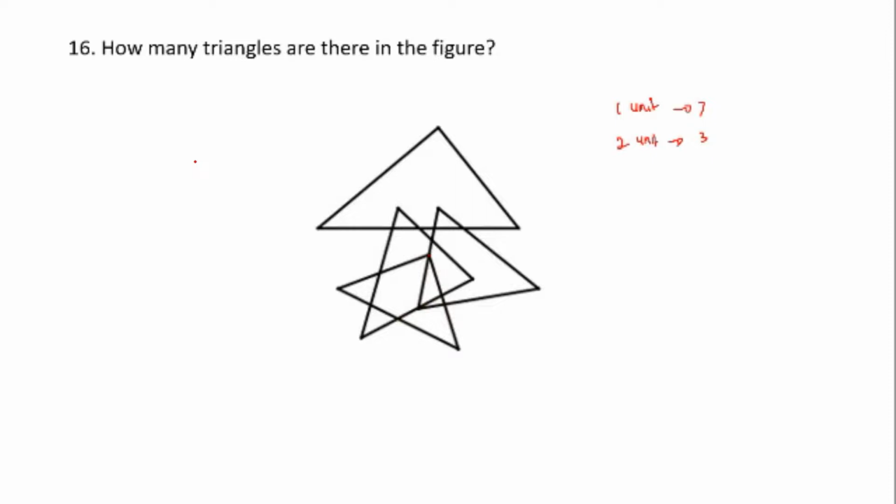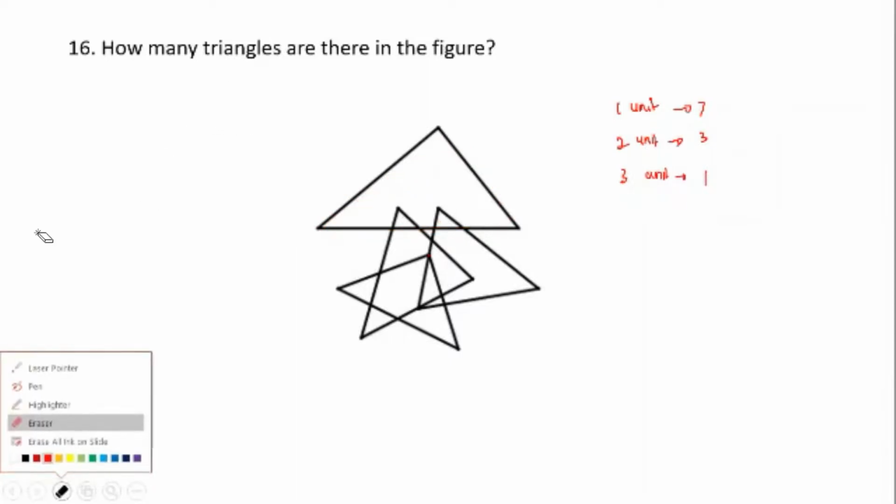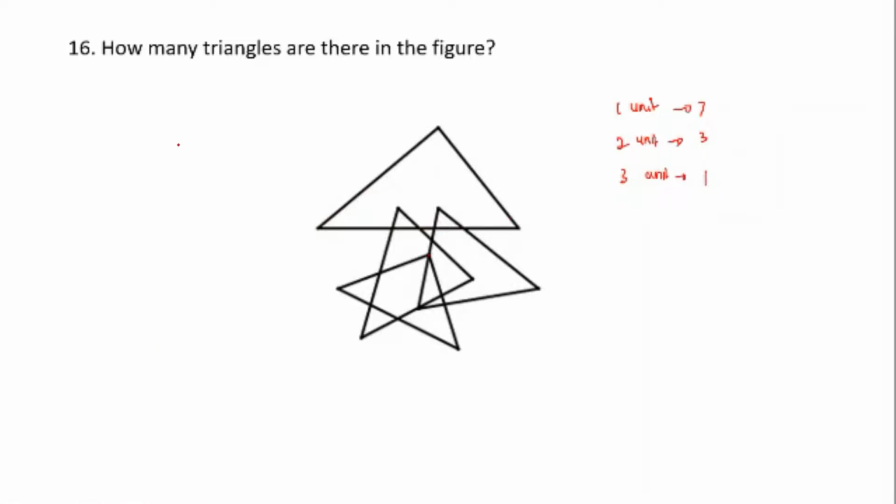And then what about 3-unit triangles? Have we got any 3-unit triangles? We apparently have one here. You can see that it has 1 unit, 2, 3 units. So that is 3-unit triangles, and the biggest one is 5-unit triangles. So we have 5-unit triangles in these.